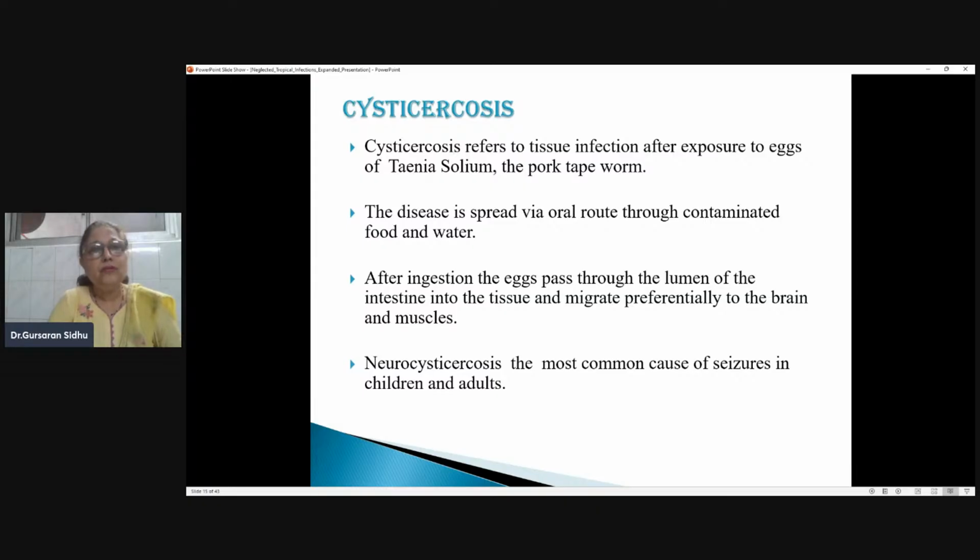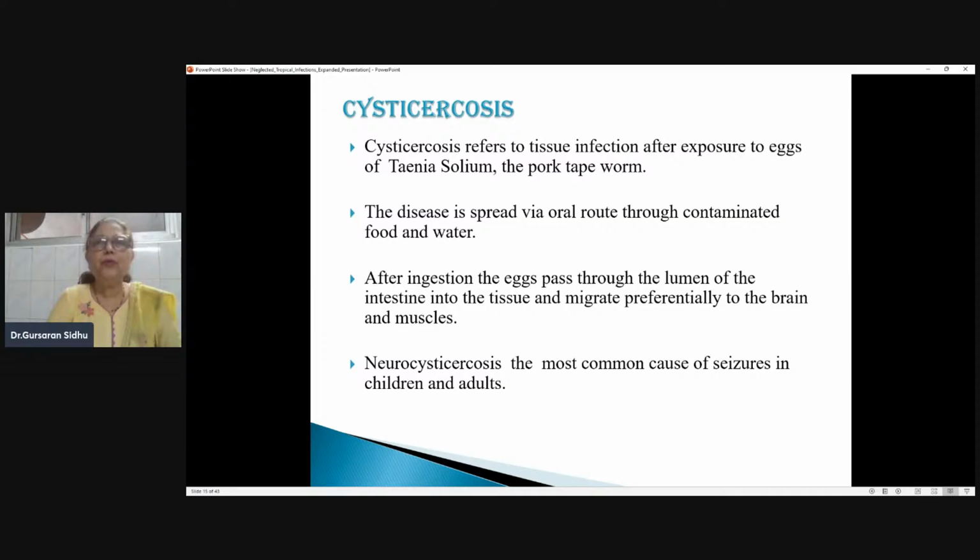It was out of the research papers published from the biopsies done by neurosurgeons, way back in the 1980s in PGI Chandigarh and all over the world, that we came to know that such a huge disease burden was actually caused by such a small tapeworm. Such a small egg of the tapeworm was migrating to the brain and causing seizures. And now we know that neurocysticercosis is such an important cause of seizures.